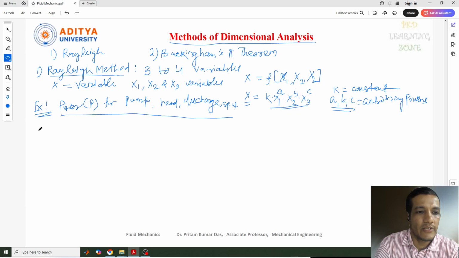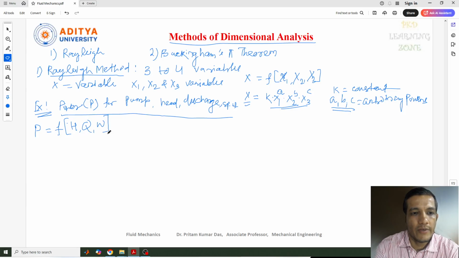As the question is given, the power P is a function of, we put the square bracket here, H, head, discharge Q and W, the specific weight.